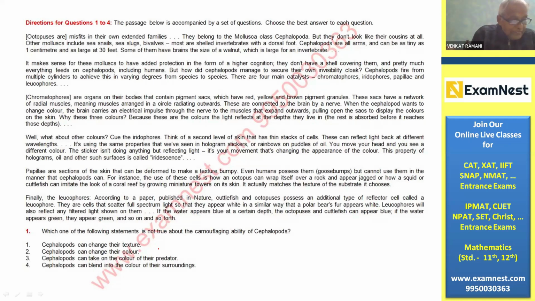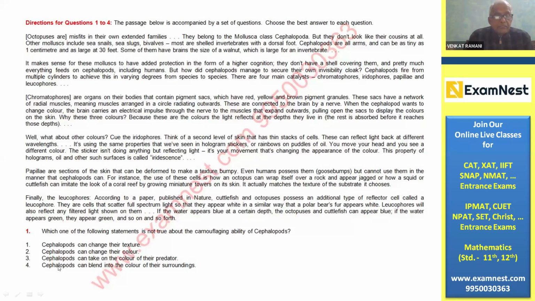He gives you the example of a hologram, how light is reflected back in a rainbow. In the same way, the iridophores help the octopus reflect the light. And the third is papillae, and again, they are sections of the skin. This allows it to change its color according to the environment in which it is staying.